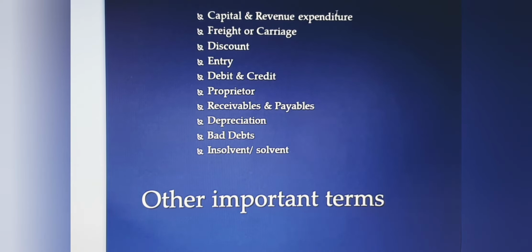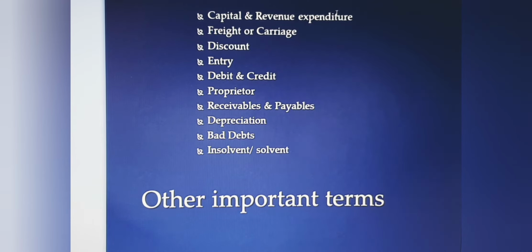Revenue expenditures are recurring. They keep happening again and again, the benefit of which gets exhausted within 12 months. But capital expenditures are not recurring. They happen once in a while, they are big expenses, and the benefit lasts for a number of years. So capital expenditure is what we talk about when we purchase assets.